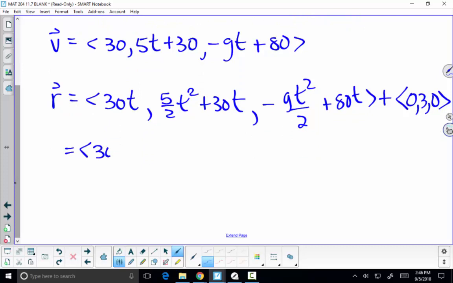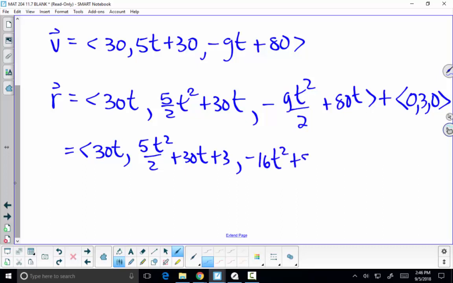So we have 30t, comma, plus 30t plus 3, and then plug in the 32 here, so we get minus 16t squared plus 80t. All right, there we go. Wait, shouldn't it be 0, 0, 3? Yes, it should be, because its upward direction is z. Does everyone know why it's 0, 0, 3?